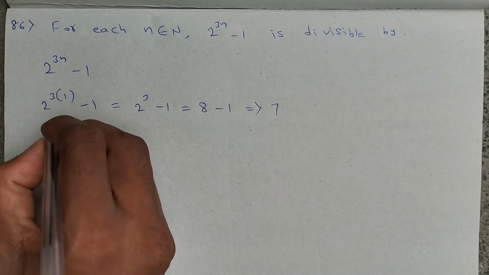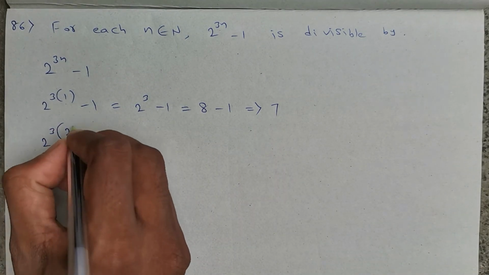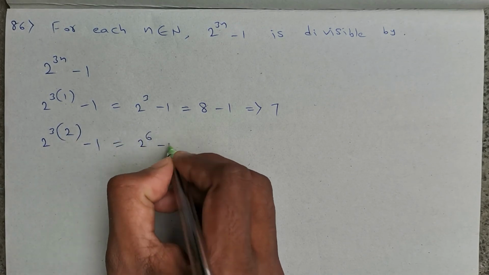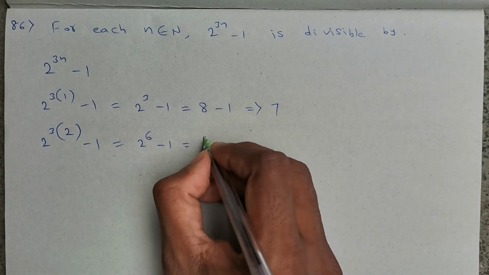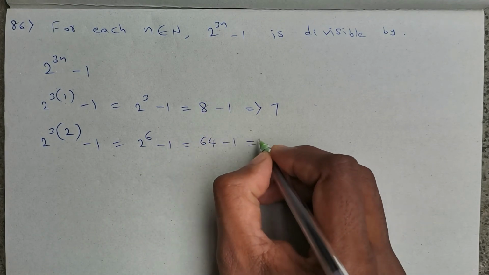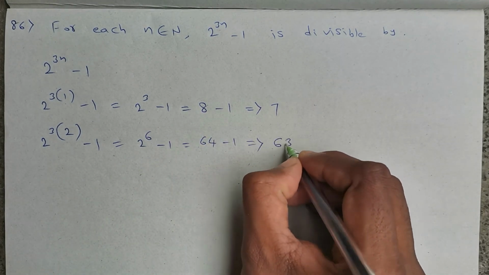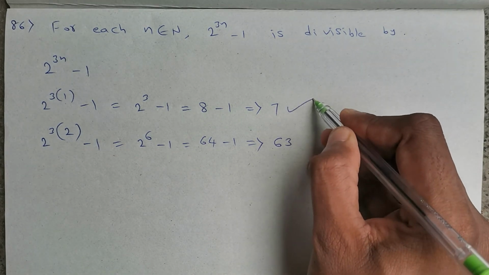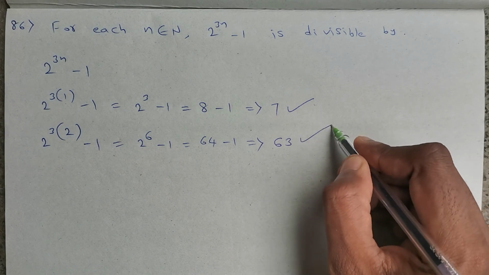Next, 2 power 3 into, I will substitute the next natural number, that is 2, minus 1. 2 power 3 2s are 6, minus 1. 2 power 6 is 64, minus 1. 64 minus 1 is 63. Now after substituting the number 1 we got 7, after substituting number 2 we got 63.